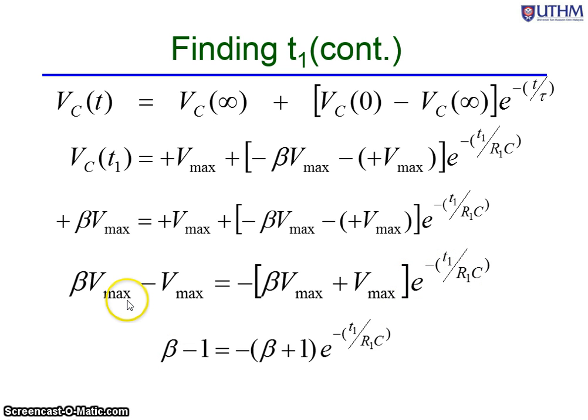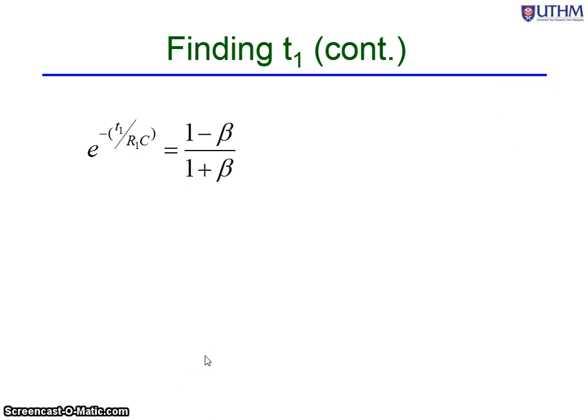So the Vmax all cancel out, you are just left with beta minus 1 equals minus beta plus 1 times e to the minus T1 over R1C, or simply 1 minus beta equals 1 plus beta times e to the minus T1 over R1C. I just changed the sign to positive, so it will be 1 minus beta over here instead of beta minus 1.